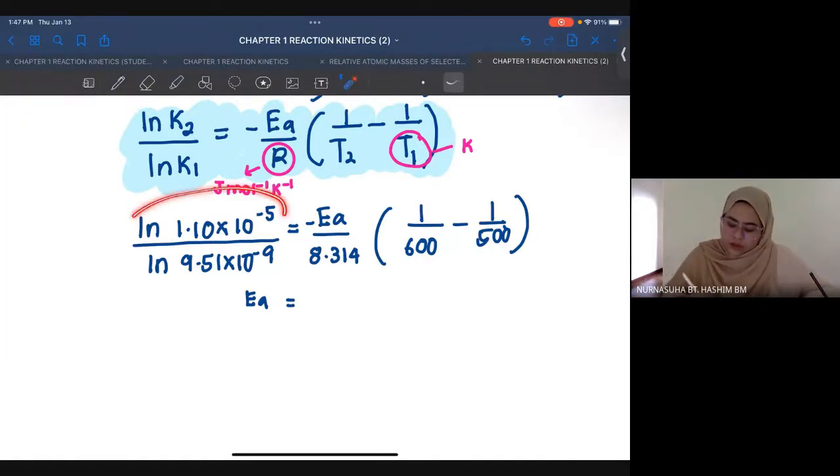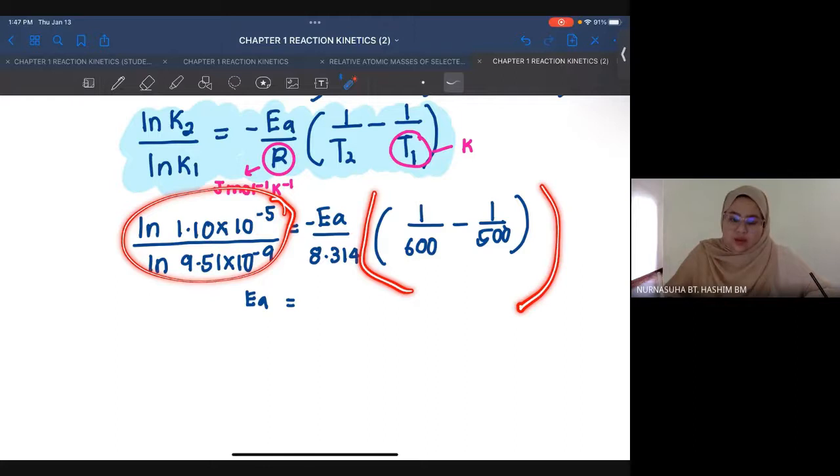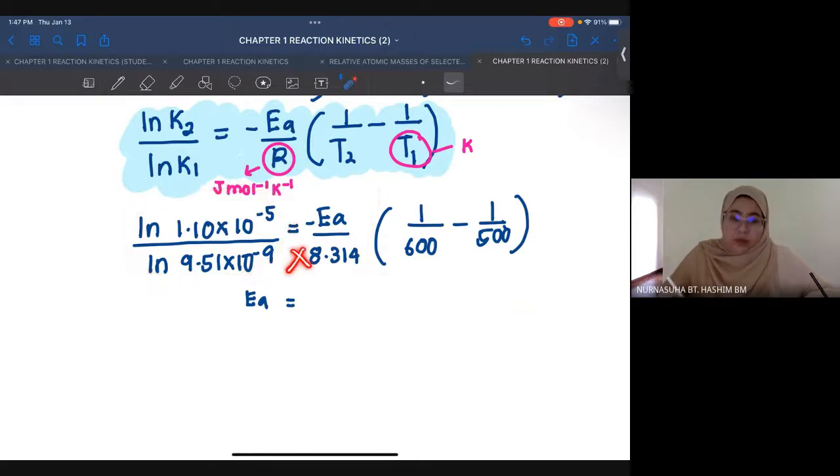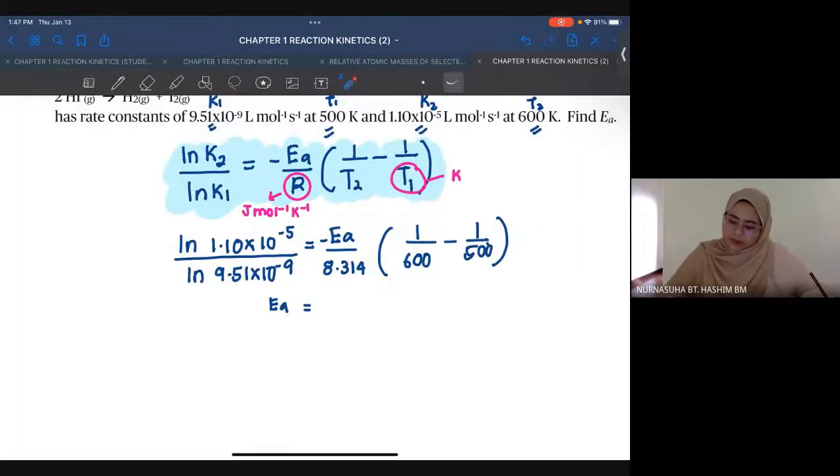Okay, so solve this one first. Lepas tu, divide with this one. Then, multiply with 8.314. Lepas tu, negatif tu bawa pergi sebelah. Cuba tekan sekejap dapat berapa?